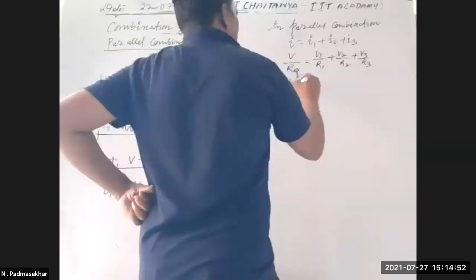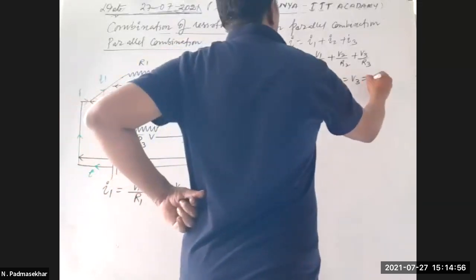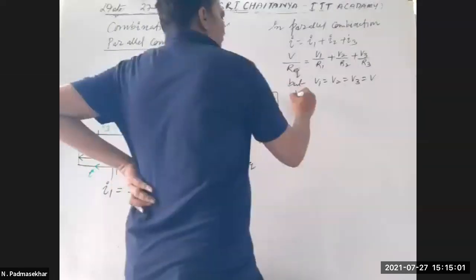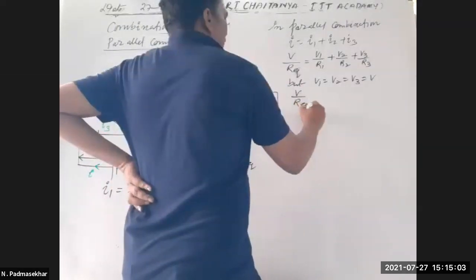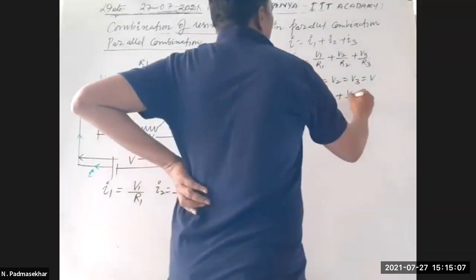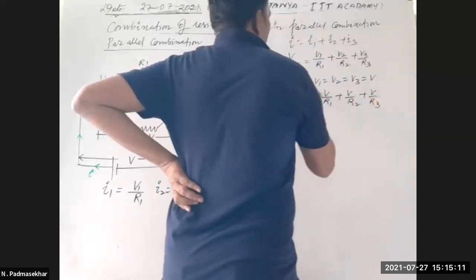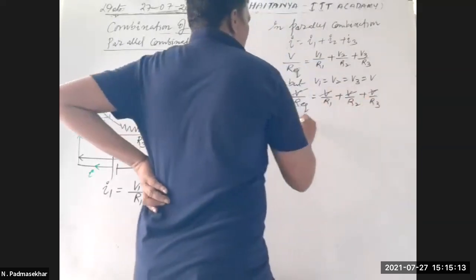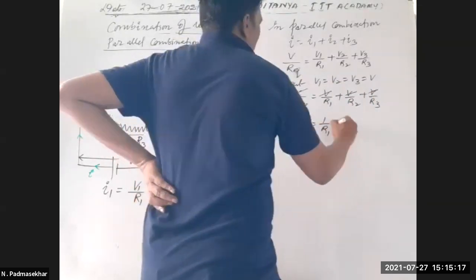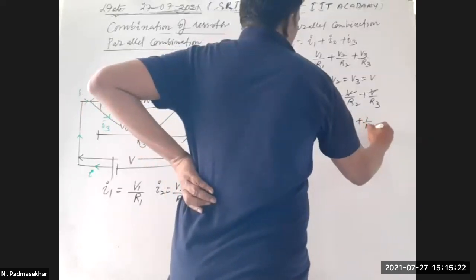But V1 is equal to V2 is equal to V3 is equal to V. So V by R equivalent is equal to V by R1 plus V by R2 plus V by R3. So these are cancelled. 1 by R equivalent is equal to 1 by R1 plus 1 by R2 plus 1 by R3.